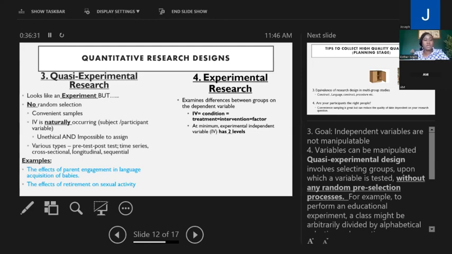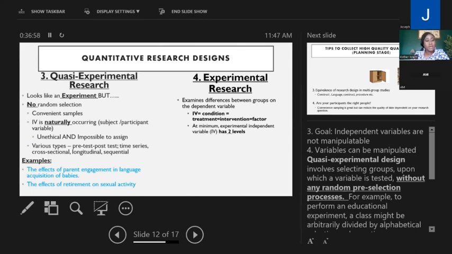In other words, you are looking to see maybe too much engagement, too little engagement, or the types of engagement and how they impact language acquisition of babies, all right? Whether it's delayed or it's at a natural or expected pace. All right, so your dependent variable is language acquisition. Your independent variable is parent engagement, right?